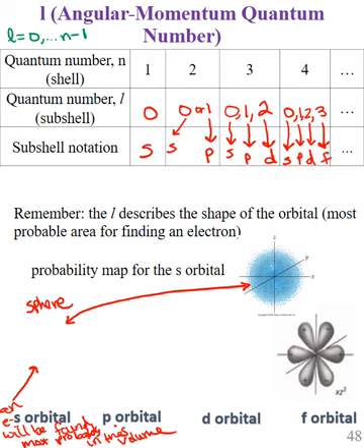You don't need to draw them per se, but you need to be able to recognize them. An s orbital is the simplest one to recognize. It's a sphere. The next one is a p orbital, which has 2 lobes, 2 sides. Then the d orbital has 4 lobes, and an f orbital, at least in this one, has 6.